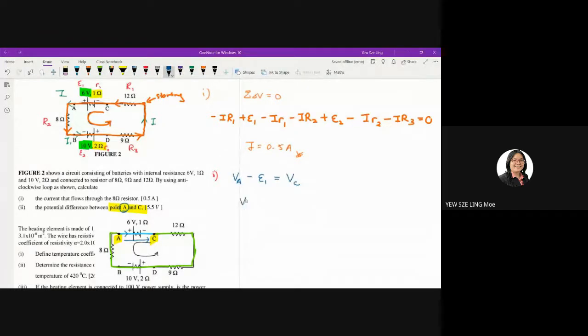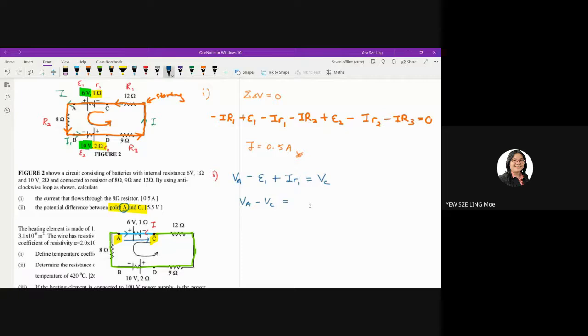Rearrange the equations. I have VA minus VC equals EMF1, oh wait, I forgot about the internal resistance. So after that, I have another plus IR1, because it is against the direction of current. This is the direction of current, but my traveling direction is to the left. So I have plus IR1 equals VC.